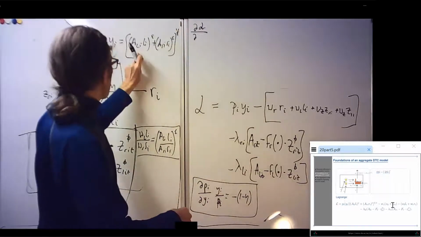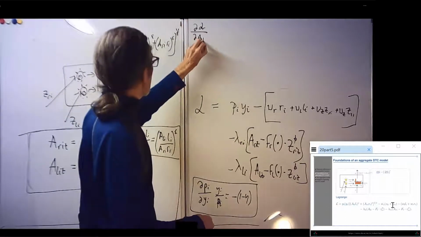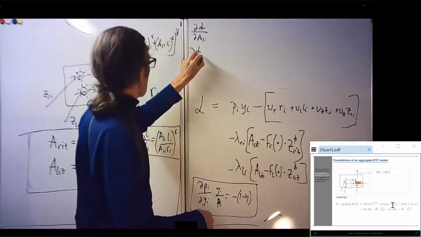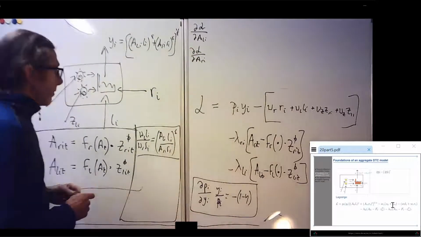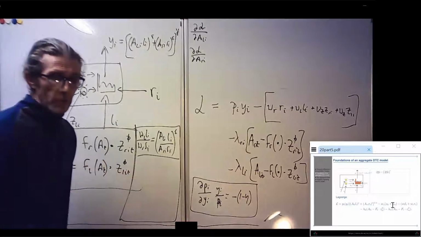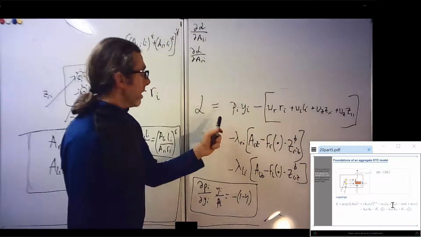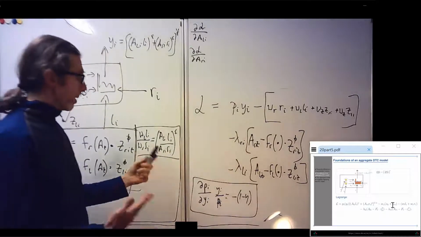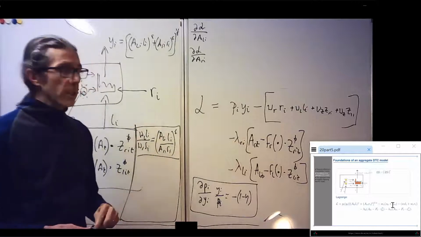We need to take first order conditions in A_Li and A_Ri. These are variables too, aren't they? They're changing over time, and in the Lagrangian method, therefore, we need to take first order conditions in those too, because they're changing over time.